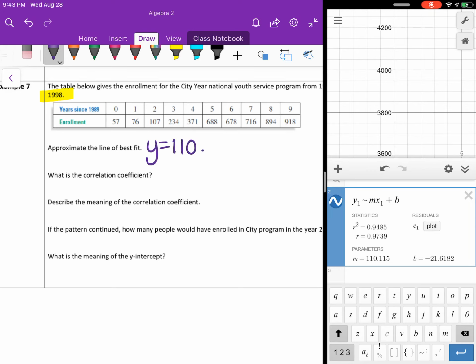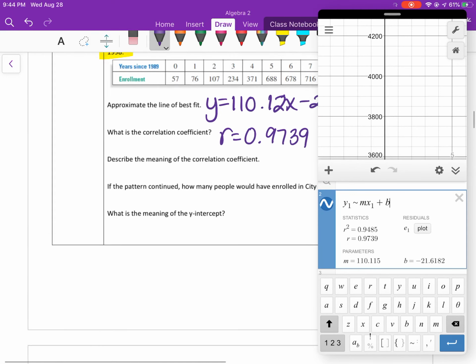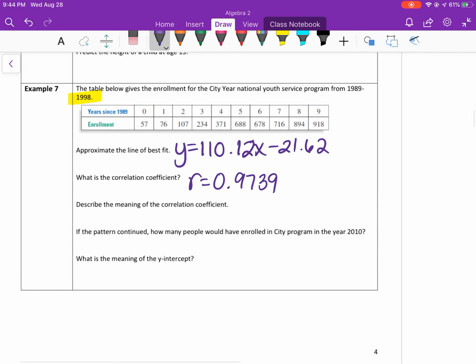So m is 110.12x plus, oops, actually that's a negative, so it'll be minus 21.62. Okay. And the correlation coefficient, that's our r, so we need that, 0.9739. So I think we can move that aside for a minute. I think we're done with the calculator for a second.